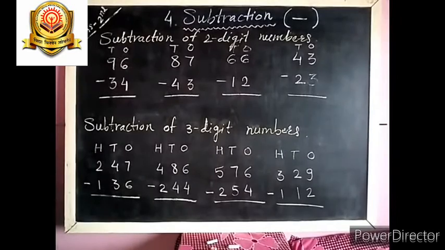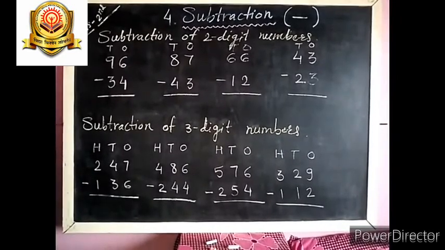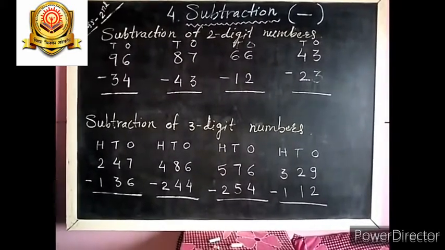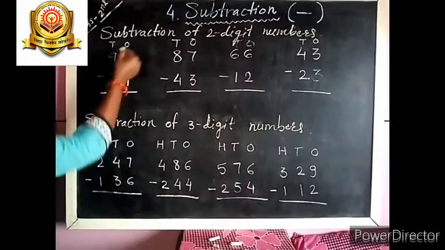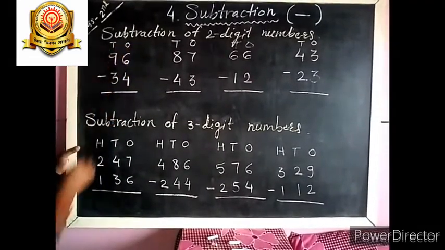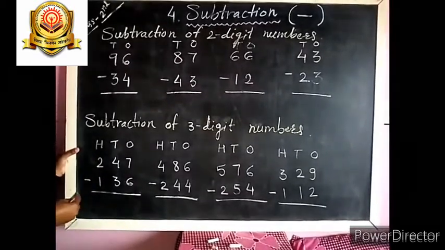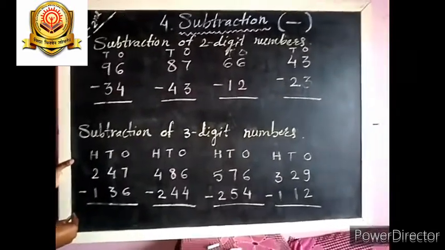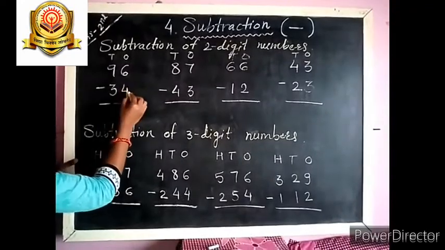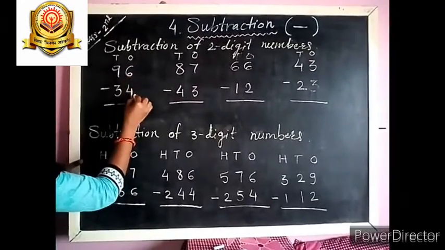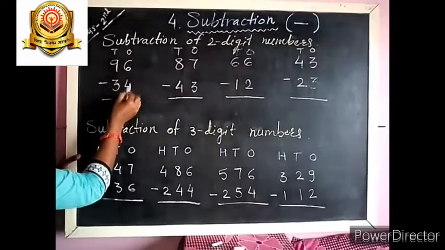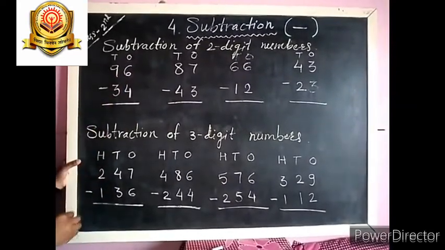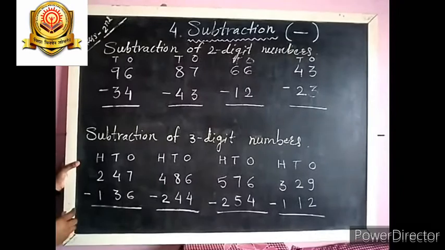And we know that addition and subtraction always start from ones place. O means ones place, and T means tens place. So, firstly subtract from ones place. So, 4 ones from 6 ones. How to subtract 4 from 6?